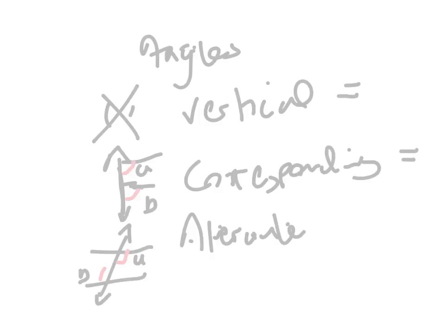And they are inside, so alternate interior angles. And just like the others, they too equal each other. So all three of these equal each other. Okay, then we've got the very final one, I'll go on to another page for that.